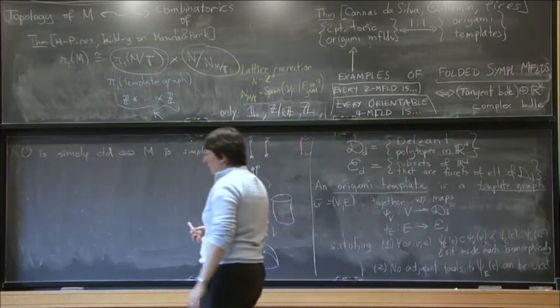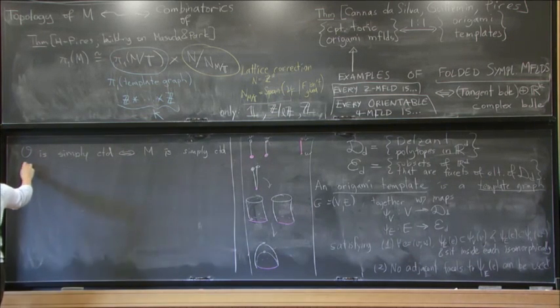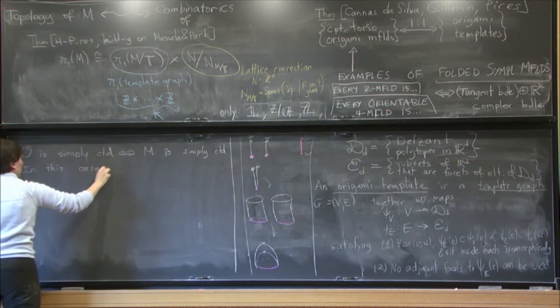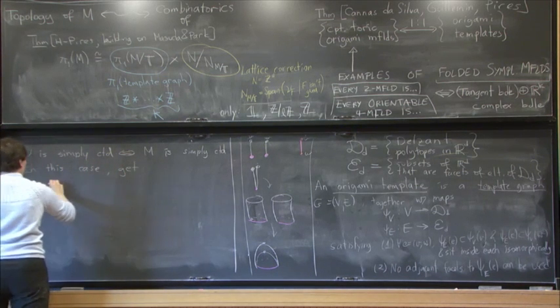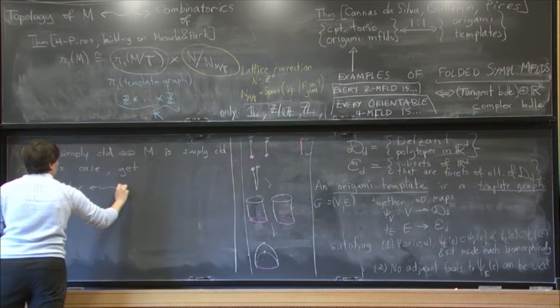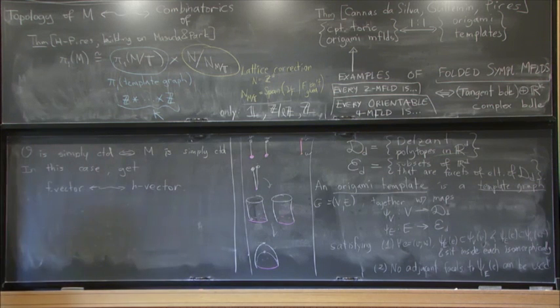And what happens in this case is that you do get, again, this F vector, H vector business. Okay, and so you have to be careful how you count. We no longer count anything that's on one of the glued facets.